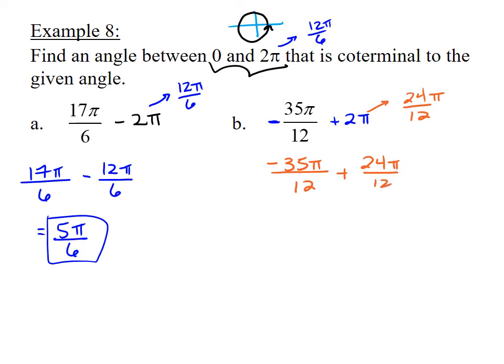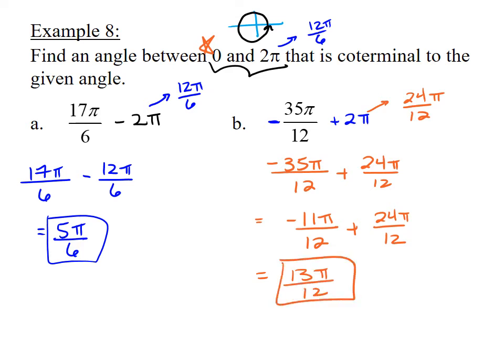When I add these, I get negative 11 pi over 12. Well, this is a problem because I need a positive angle according to the directions. So I need to add 2 pi again. So I'm going to add 24 pi over 12. Now we are in luck. This is 13 pi over 12. And we're good to go.